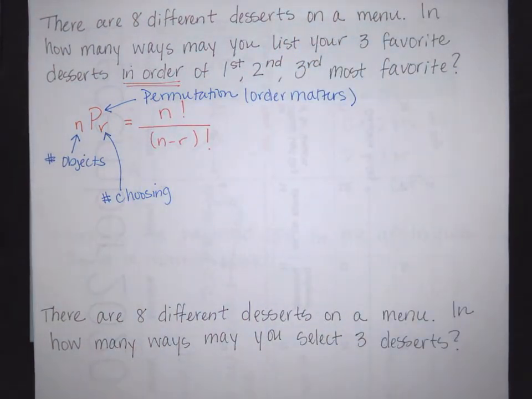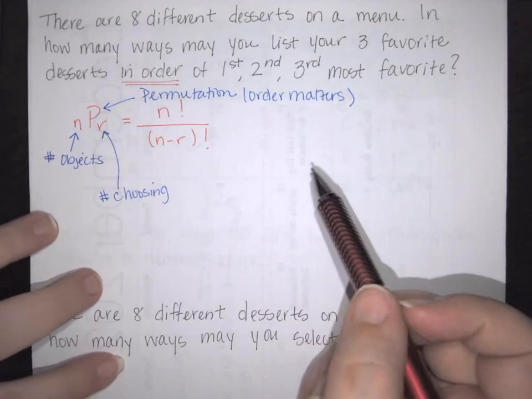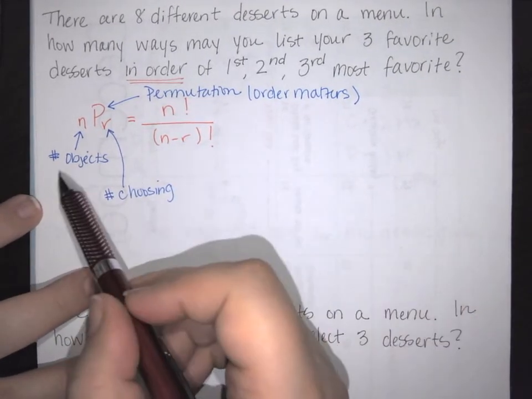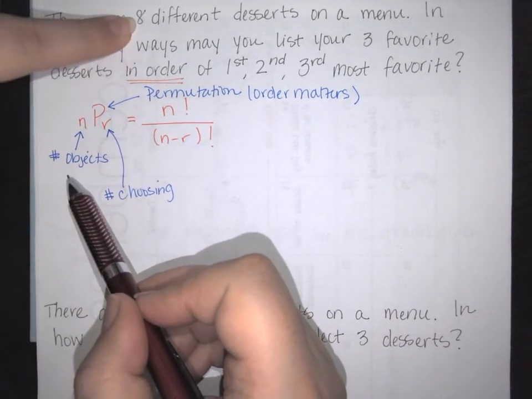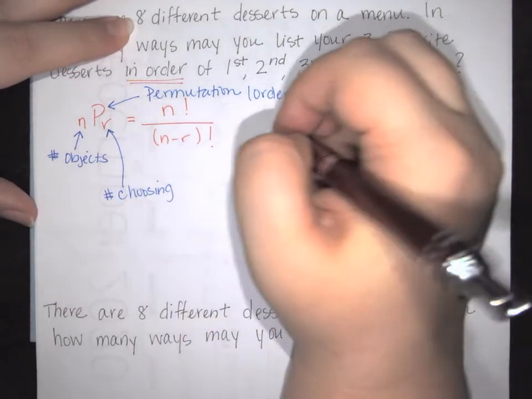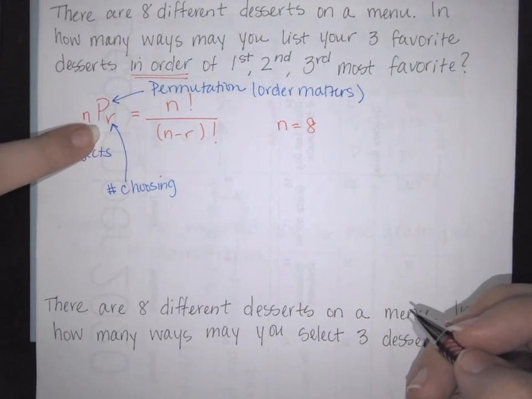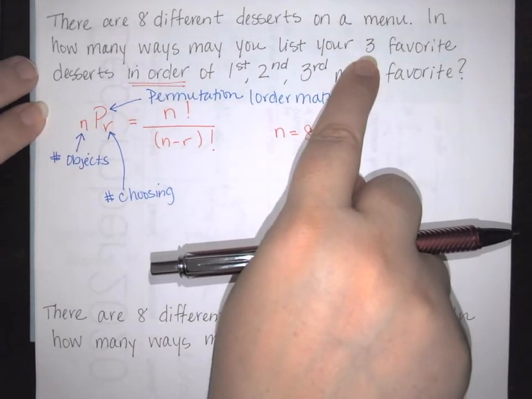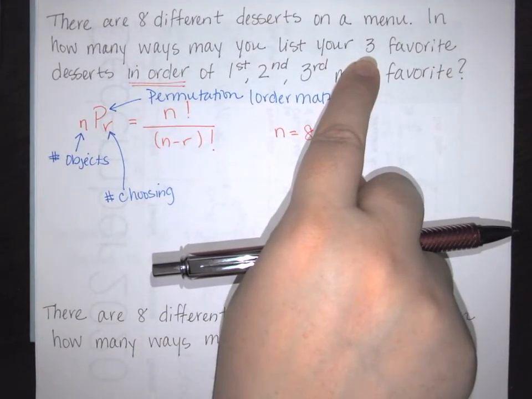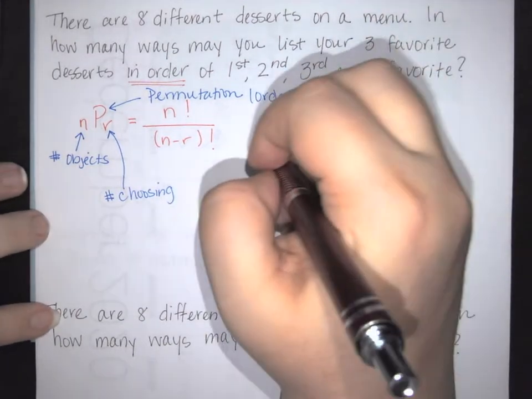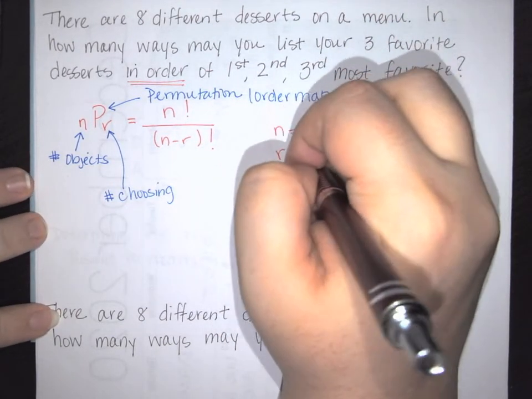Okay. So in this case, I would just go ahead and plug it in. So the number of objects is going to be my 8 different desserts. So in this case, my n is going to equal 8. The number I'm choosing has to be my 3 favorite, and since the order matters, we're using permutation. So in this case, my r equals 3.